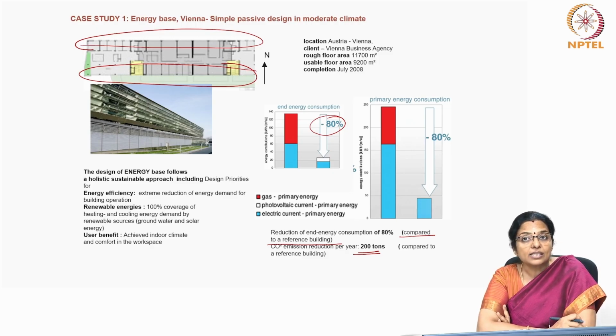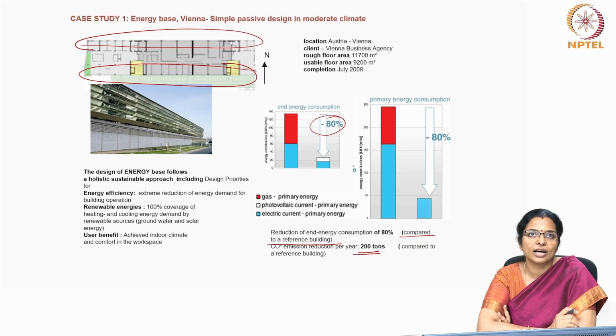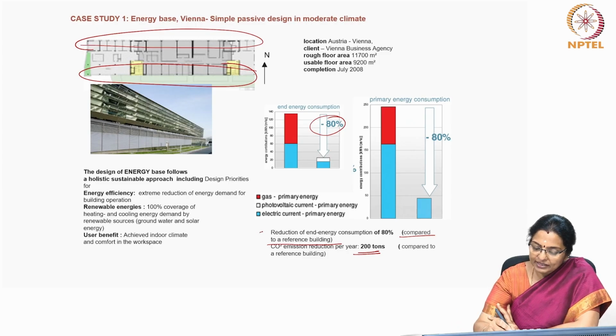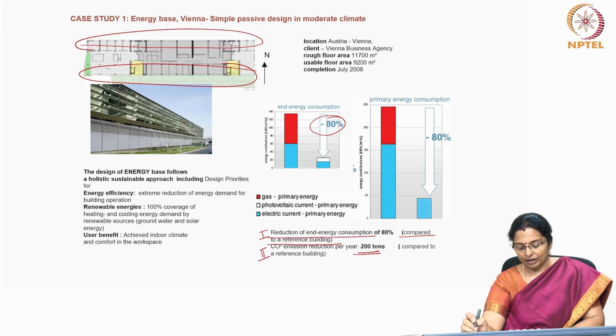This building uses renewable energy. 100% of the heating and cooling energy demand is covered by renewable sources, which are groundwater and solar energy. The user benefits include indoor climate and comfort for the workplace, and of course, 80% reduction of end energy consumption and 200 tons reduction of carbon dioxide.